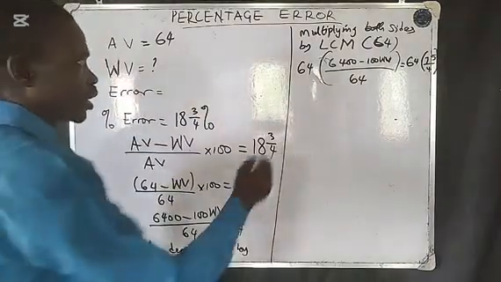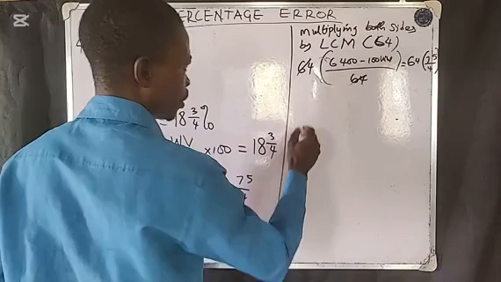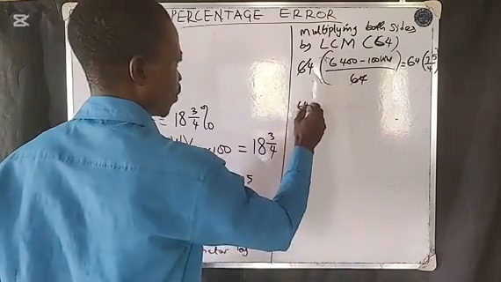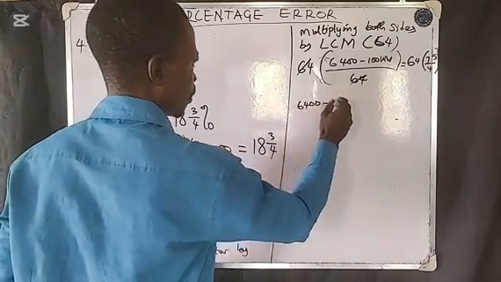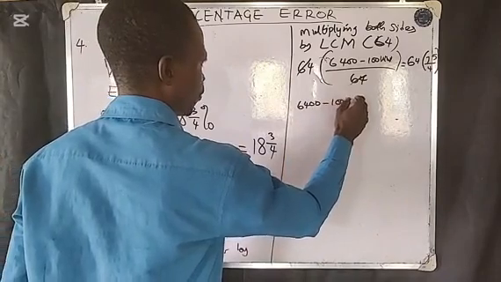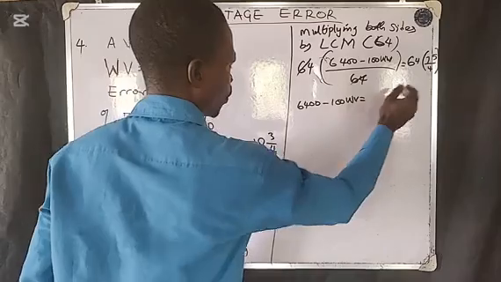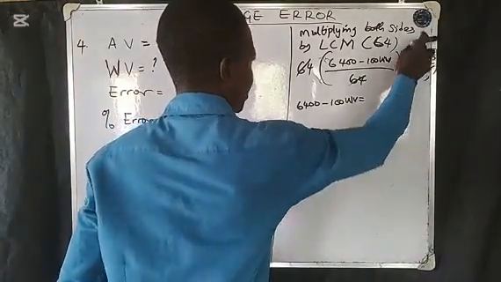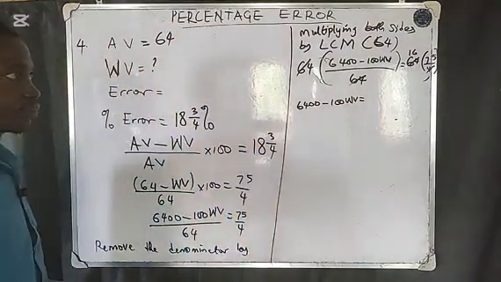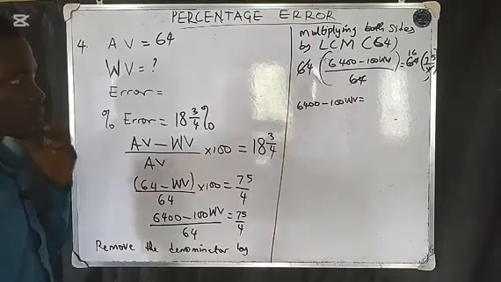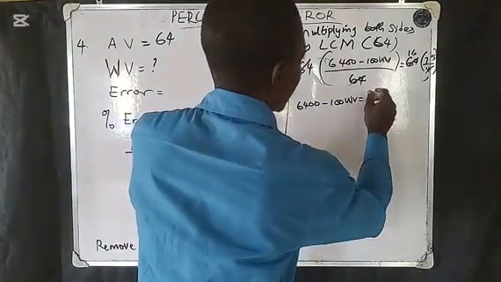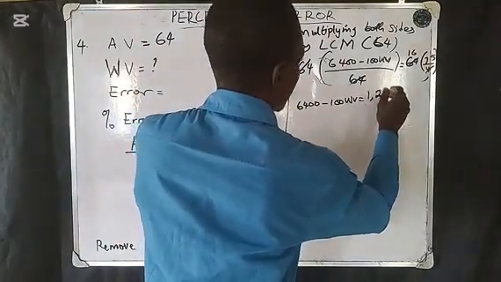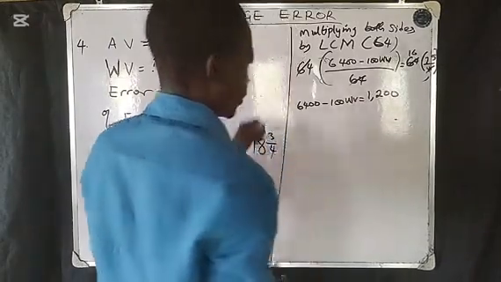So this one we cancel this, right? So we have 6400 minus 100 WV equals to 4 here 1, 4 here 16, right? 16 times 75 is 1,200.